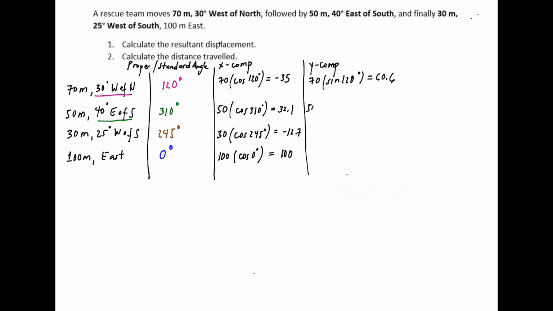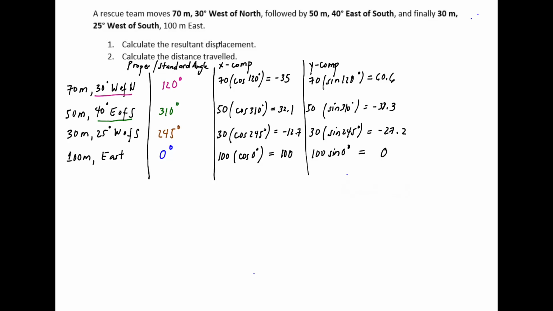Then we have 50 multiplied by sine of 310 degrees, and that is negative 38.3, followed by 30 multiplied by sine of 245 degrees, and notice that this is negative 27.2, and 100 multiplied by sine of 0 degrees, and sine 0 is 0, and therefore this one is 0.